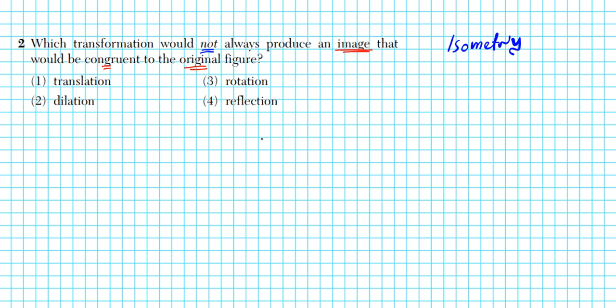Which one does not always preserve the size? Okay? So first of all, what are your isometries? Do you remember the transformations that preserve size? First isometry you want to remember is translation. Okay, you're just shifting the object all around the place. You're not altering the size.